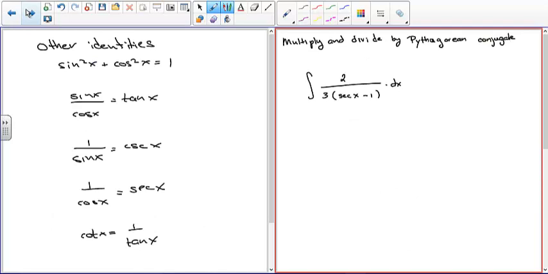Okay, so here's another one. So what you're going to do is multiply by the conjugate of the trig term, and then use the other identities over here, including the one probably that involves secant squared minus 1. So you'll have to look back and see what that is. So I'll let you work this one out.